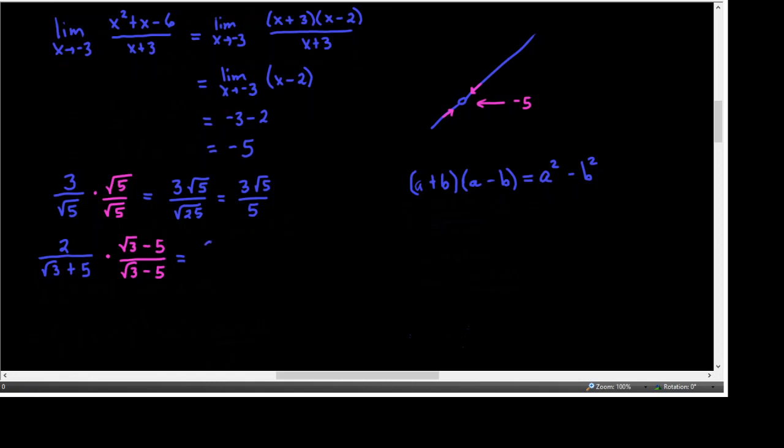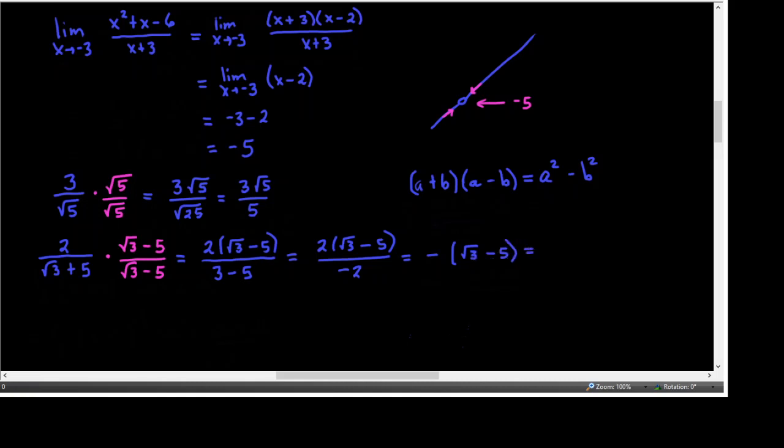So in the numerator, this will be 2 times the square root of 3 minus 5. Notice I'm not distributing yet in case something reduces below. So this will be the square root of 3 squared, which is 3, minus the square root of 5 squared, which is 5. 3 minus 5, of course, is negative 2. 2 and negative 2 cancel, leaving a negative 1.